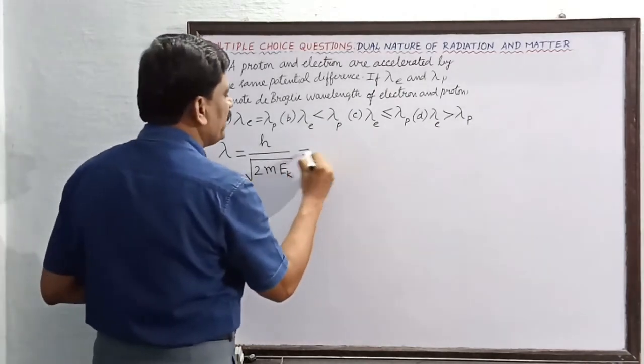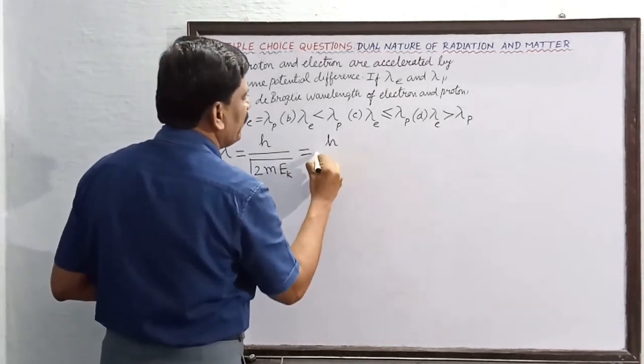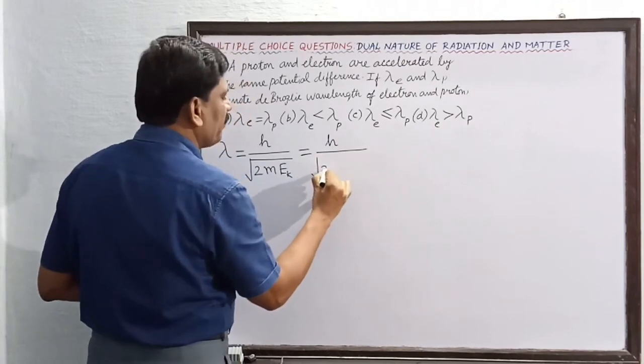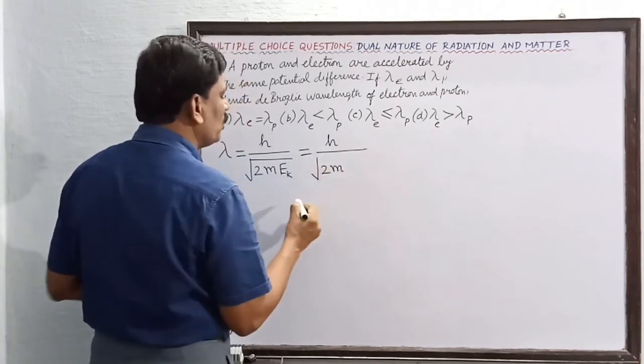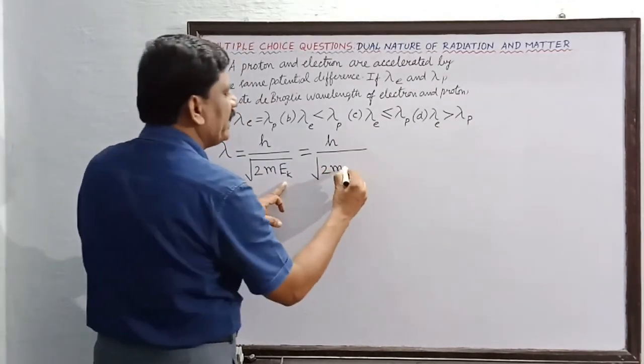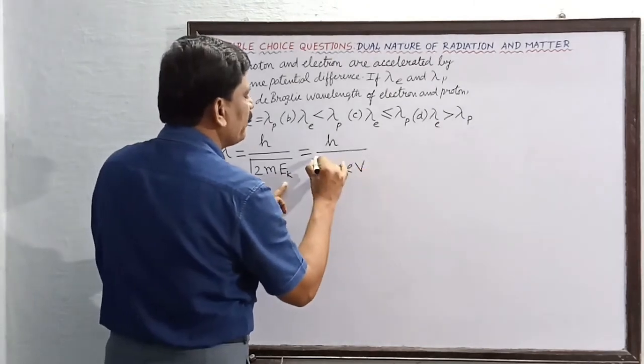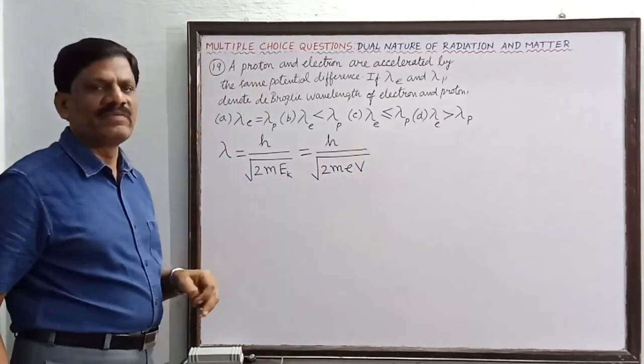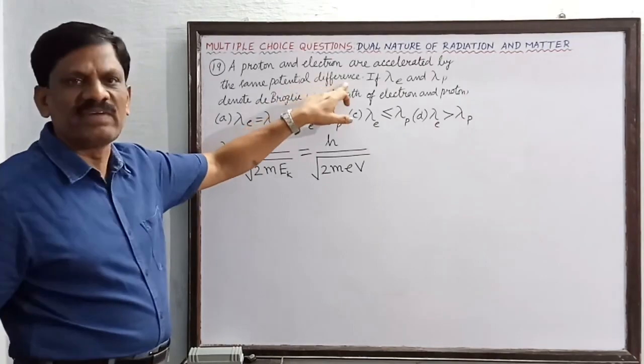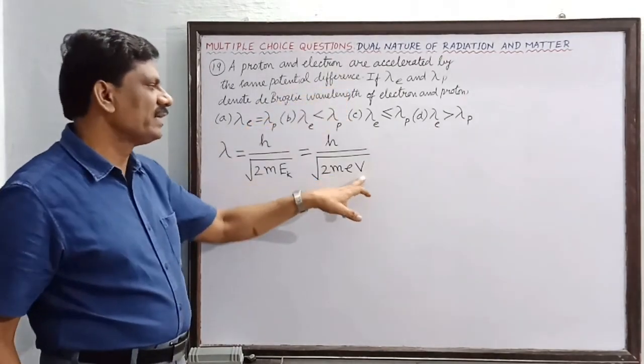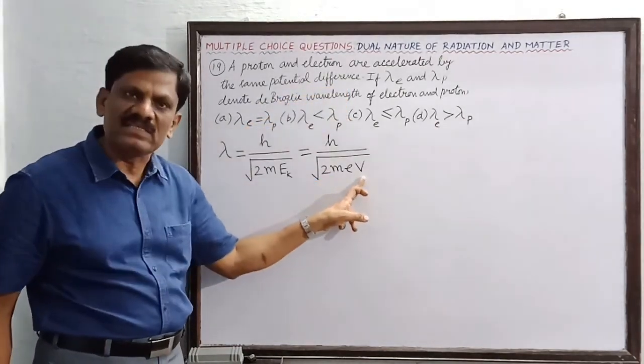This can also be written as h divided by square root of 2 into m into, instead of kinetic energy, I can write eV, because here we are given the potential difference. So I am going to associate that term, potential difference.